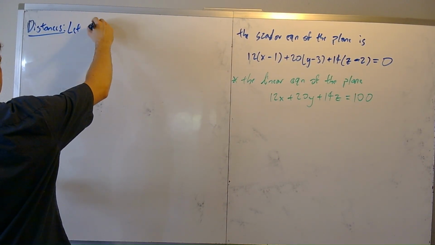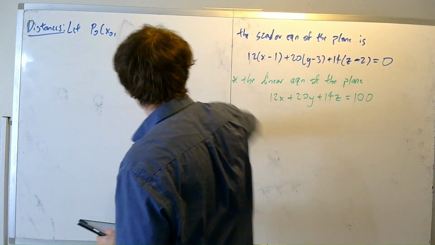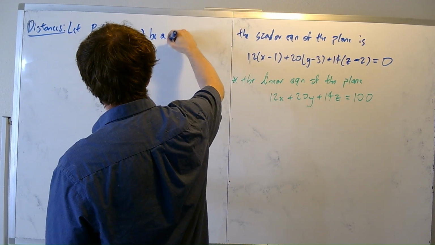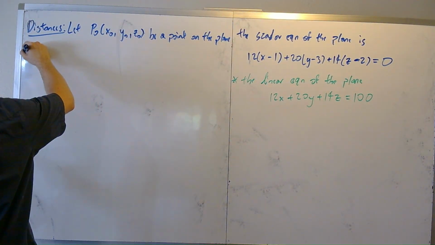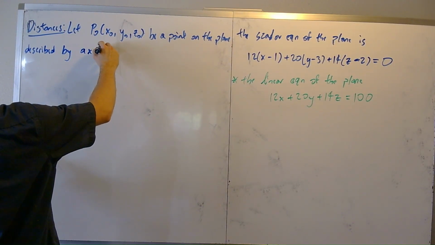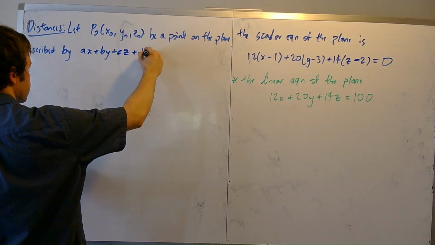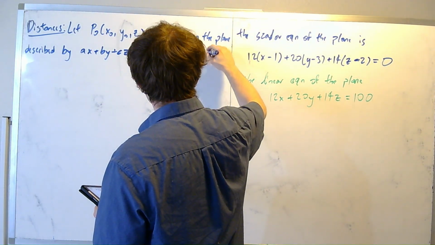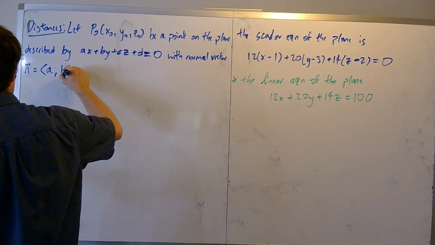Okay, so let P0, coordinates x0, y0, and z0 be a point on the plane described by ax plus by plus cz plus d equals 0 with normal vector n equals coordinates a, b, and c.